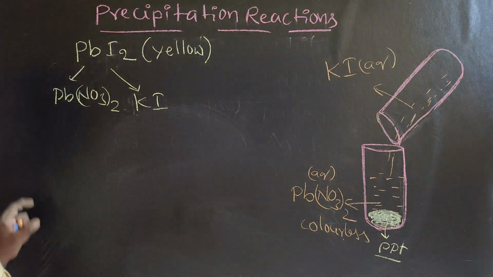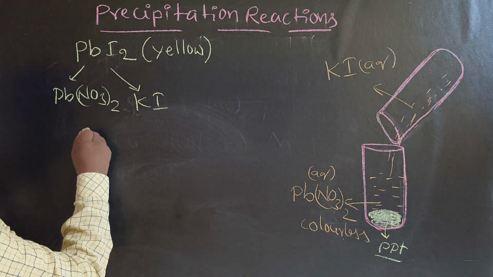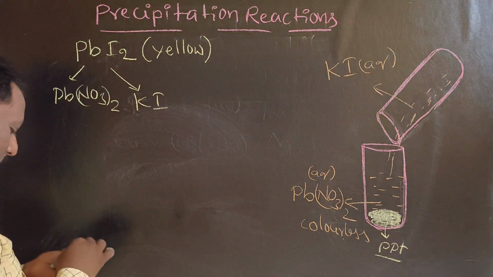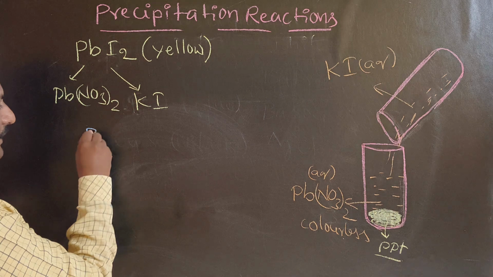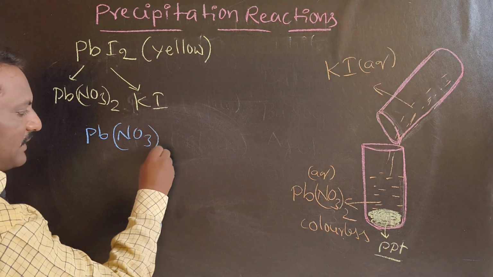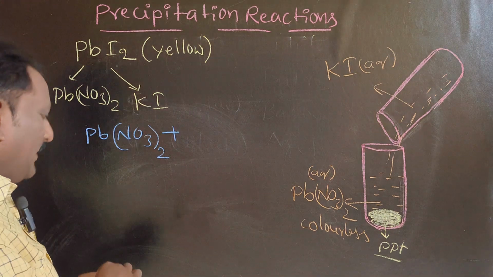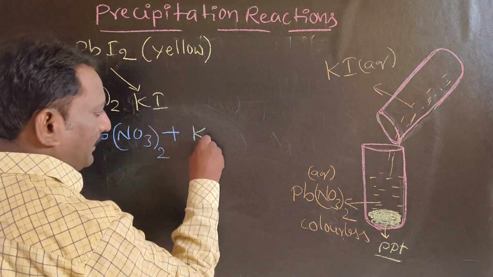So now let us write the equation here. Listen carefully. Lead nitrate, Pb(NO3)2, aqueous solution, and potassium iodide, KI.